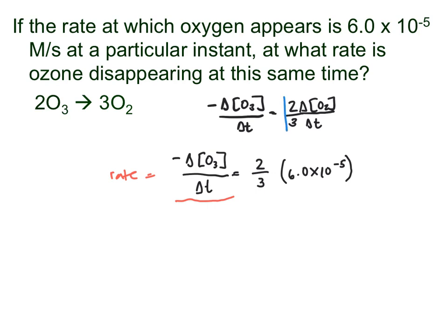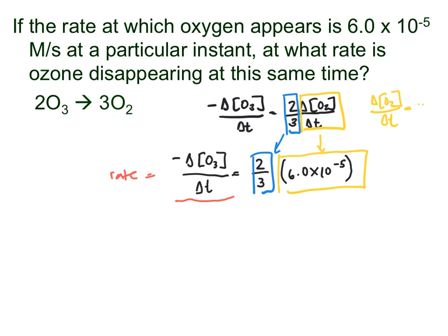It's going to be equal to 2/3 of the rate of appearance of your oxygen. I want you guys to understand that the combination of the change in concentration over the change in time is equal to the rate of those particular species for this reaction.